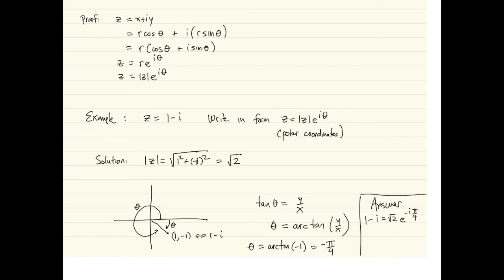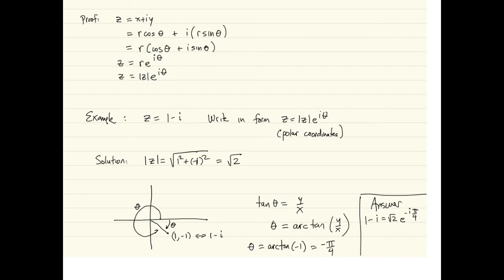And when you do that, you get that tangent of theta is y over x. So I'm using the theta down here. The y is equal to negative 1, the x is equal to 1. So theta becomes arctangent of negative 1.